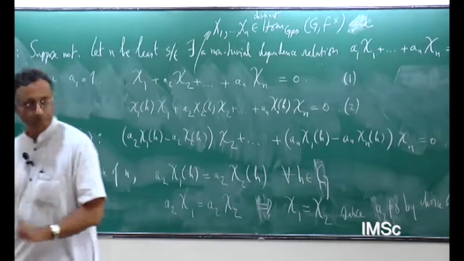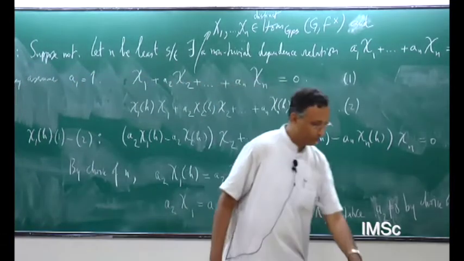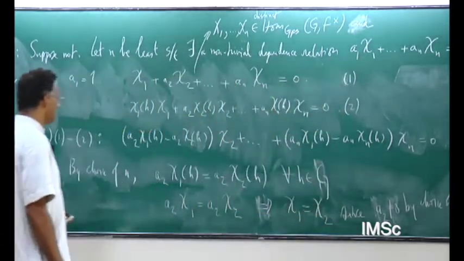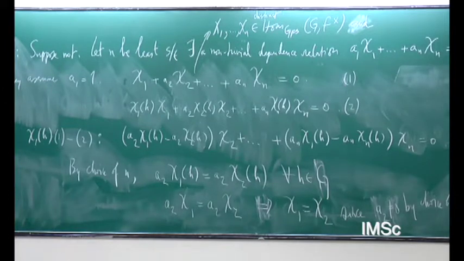In the sense that you could have taken chi1 minus chi1 equal to 0. Although I agreed a minute ago, that argument is not quite correct, because if I write chi1 minus chi1 equal to 0 and collect all the terms, it becomes 0.